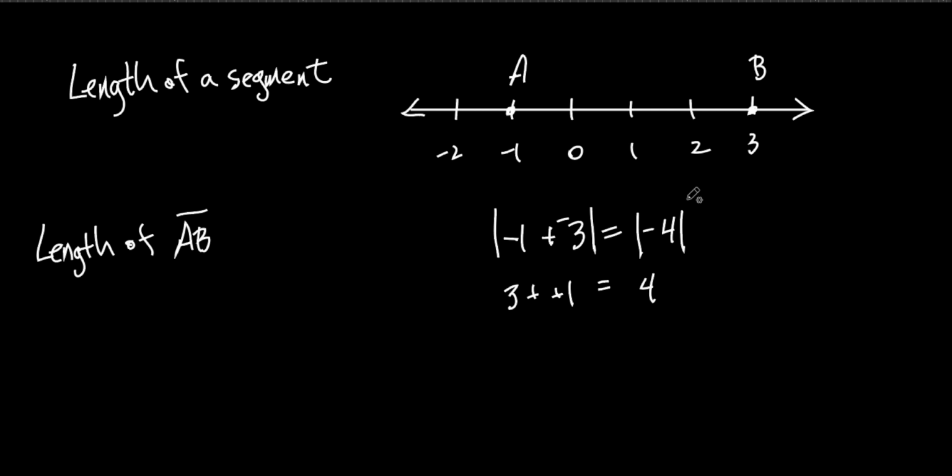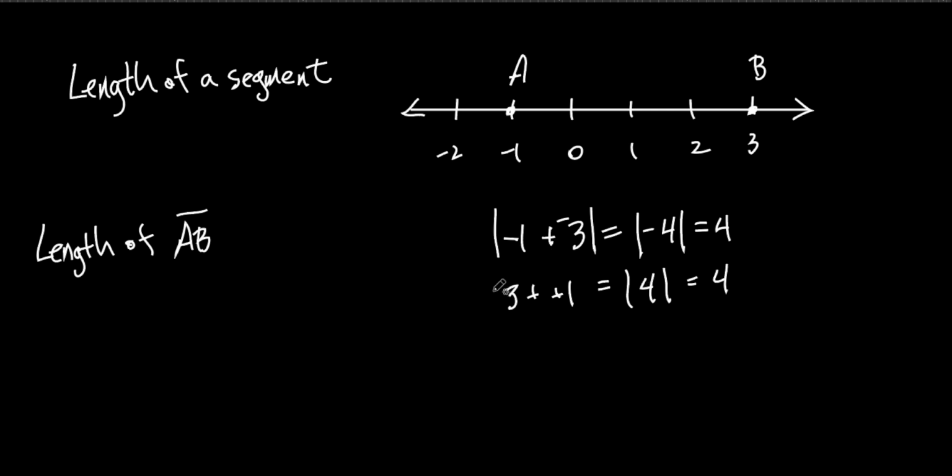So when it's negative, it changes the sign to +4, but what's the absolute value of +4? It's still +4. So absolute value just shows the length, the measurement, how long it is. It doesn't say anything about the direction. The minus and the positive just tells you what direction you're measuring.